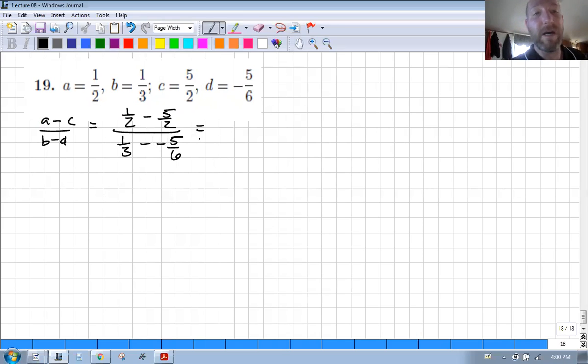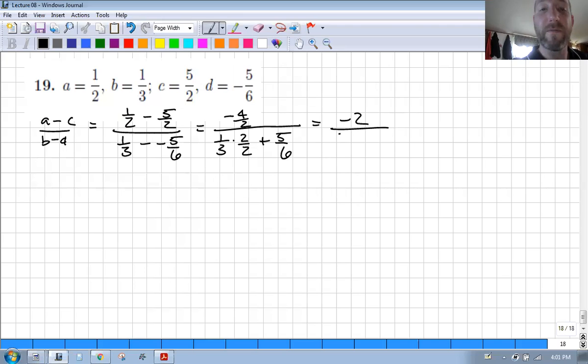All right, so on the top, since we have a common denominator of 2, we can just subtract. 1 minus 5 is a -4. On the bottom, we don't have a common denominator. So we'll multiply this 1/3 by 2 over 2. On top, -4 over 2 is a -2.